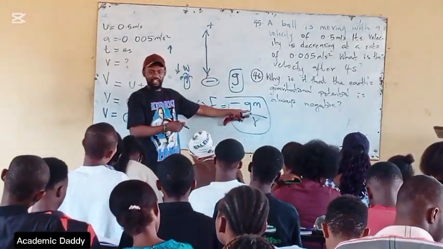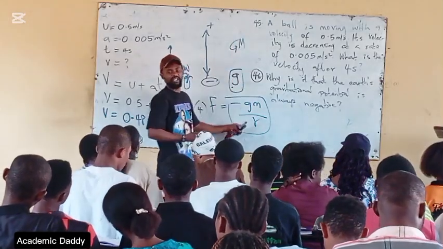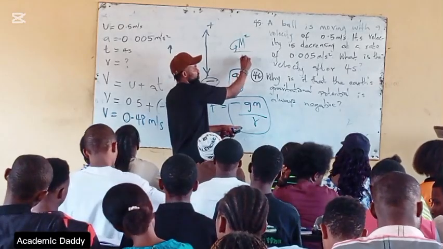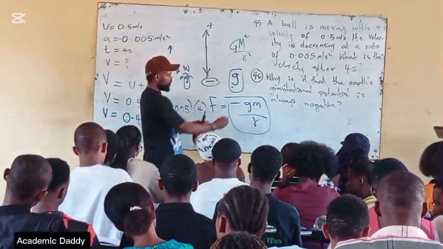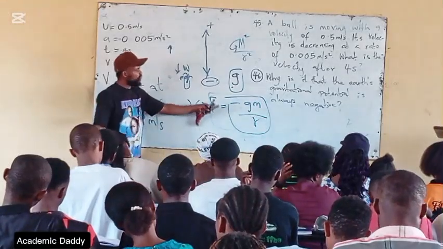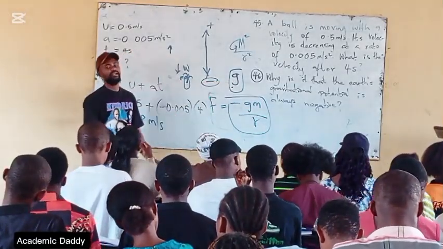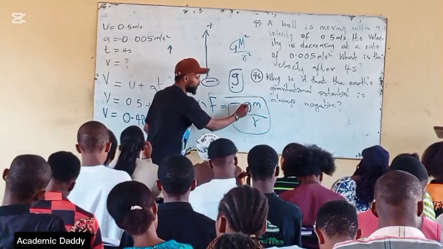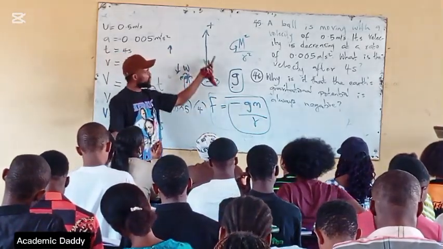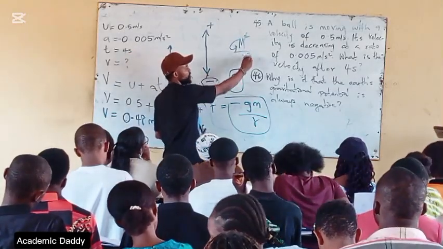What you're doing here is the same thing as Newton's law, except that this one does not have the square, it does not have r squared. So what you're pointing to here is still your force. So when we are considering this, we'll consider the fact of its g, not what you're doing here. Even the g that you have here is not on its own. If you make g the subject of the formula, you see that it's the same thing as what you did here, except that this one will not have the square.